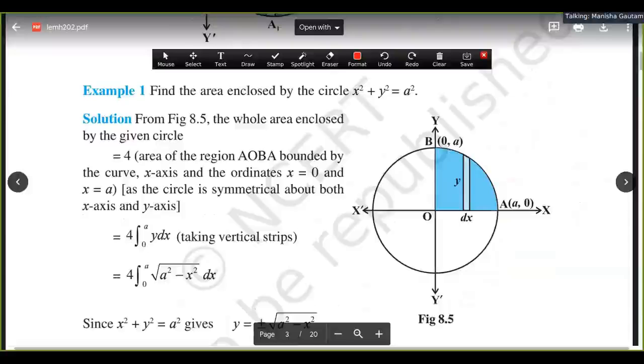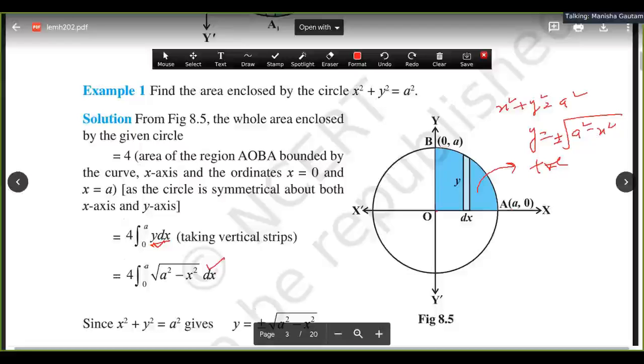That is the part, and y dx integration is from 0 to a. The value of y you can calculate from x square plus y square is equal to a square. Plus minus sign is there, but it is the first quadrant, so you have to take positive. So that is under the root a square minus x square.